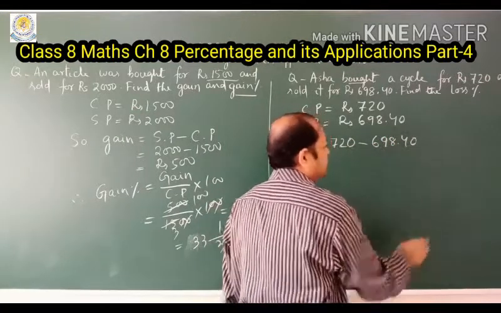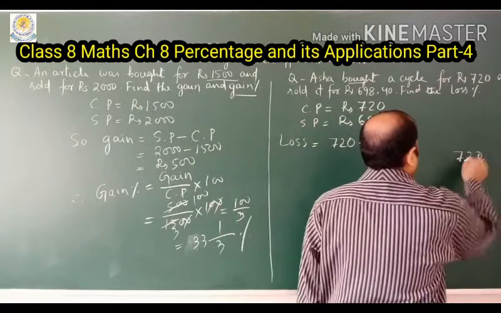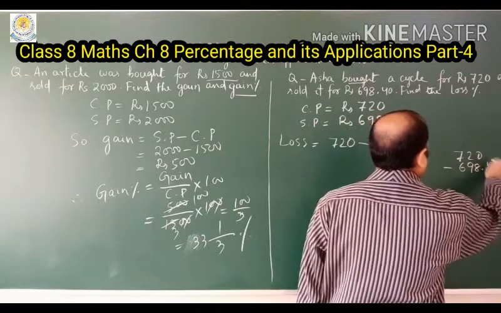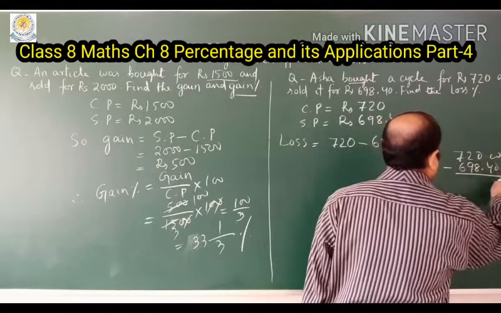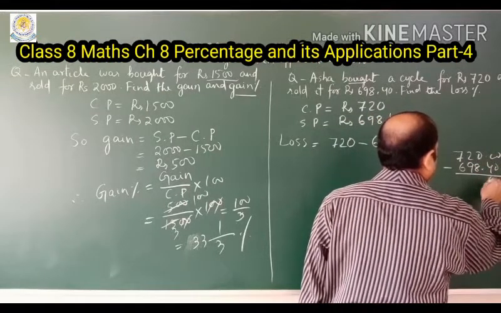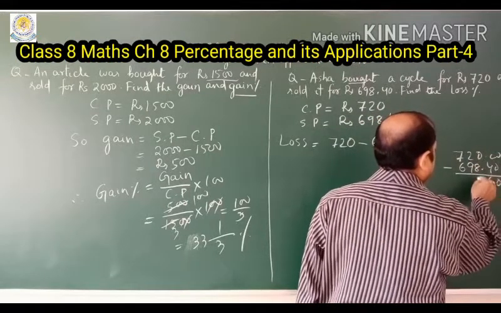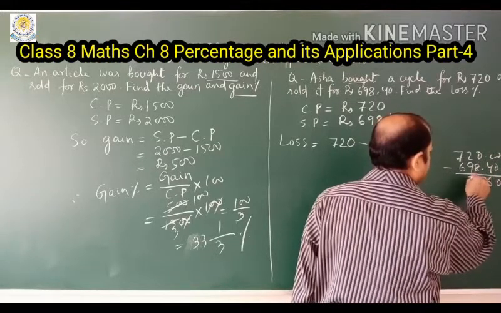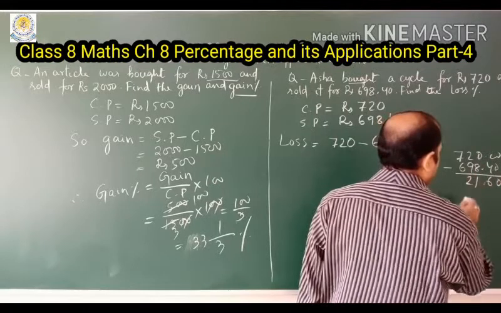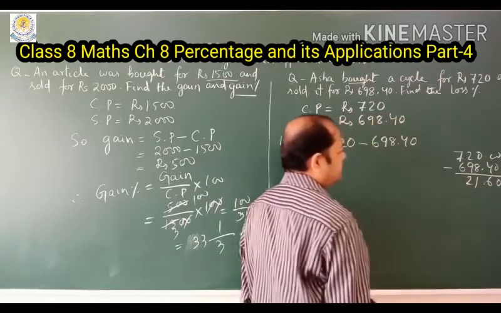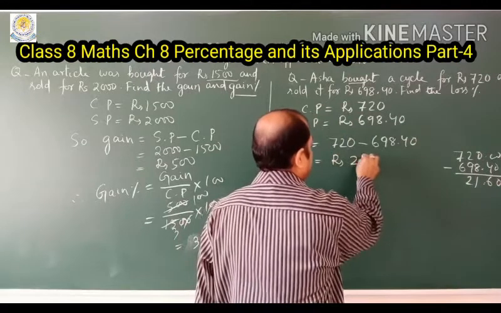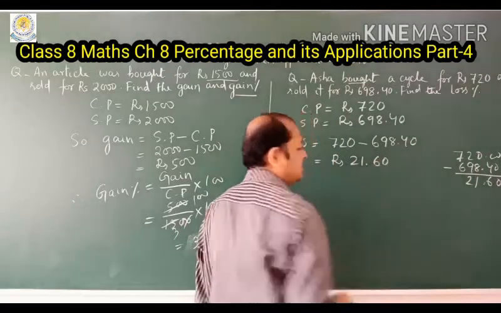Just subtract it. So what is the result? 0 here, 6 here, here 9, 9 minus 8 is 1, here it is 11 minus 2 is 9, and so 21 rupees 60 paisa. So what is the loss? Loss is 21 rupees 60 paisa.